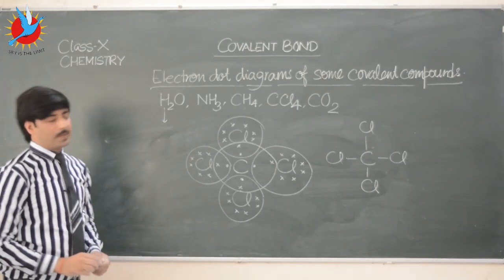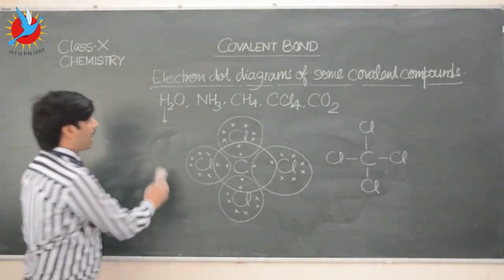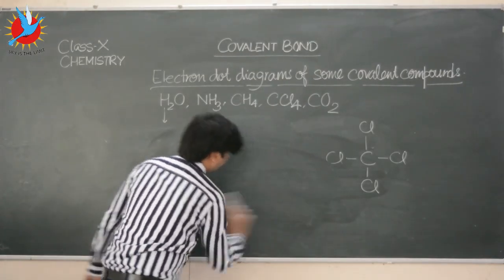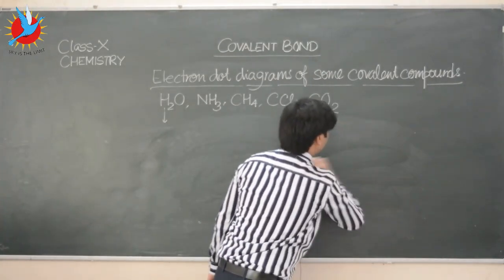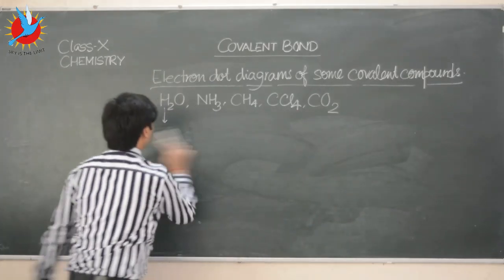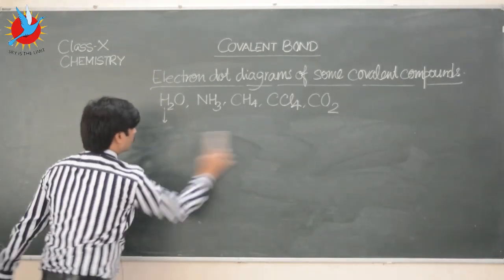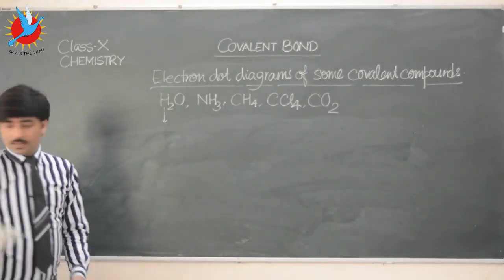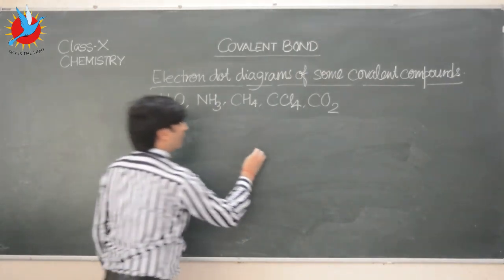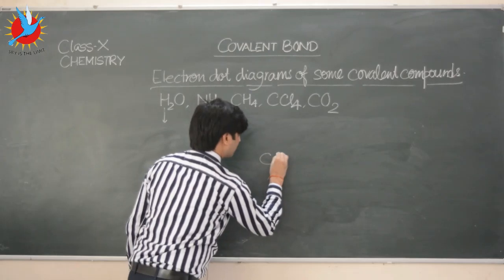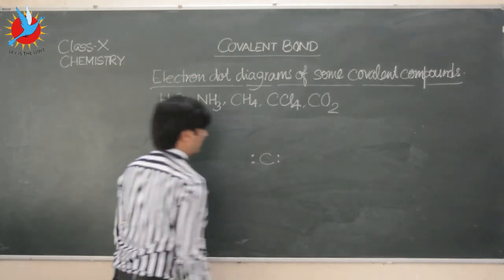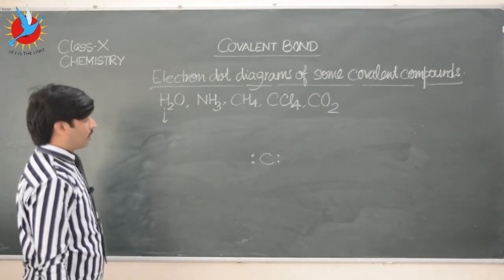And the last example which we have is carbon dioxide, CO2. Carbon dioxide molecule has one carbon and 2 oxygen atoms. And the electronic configuration of carbon is 2, 4. It means it has 4 electrons.